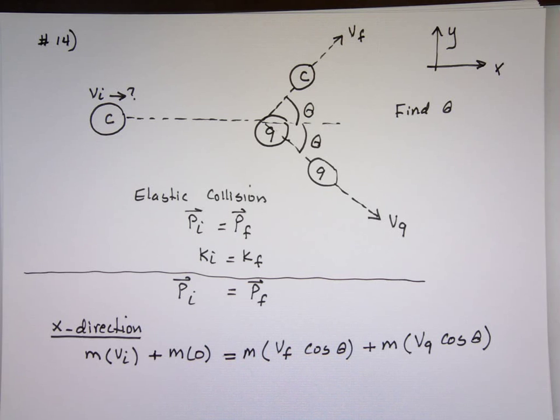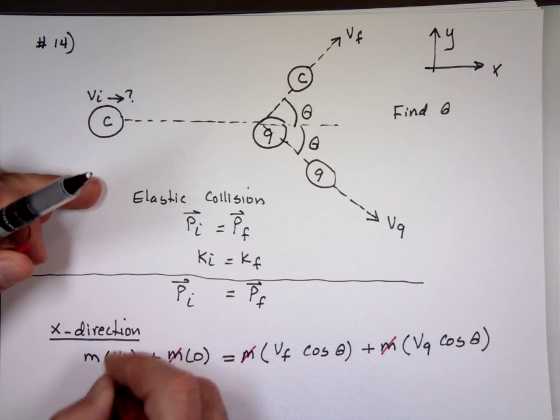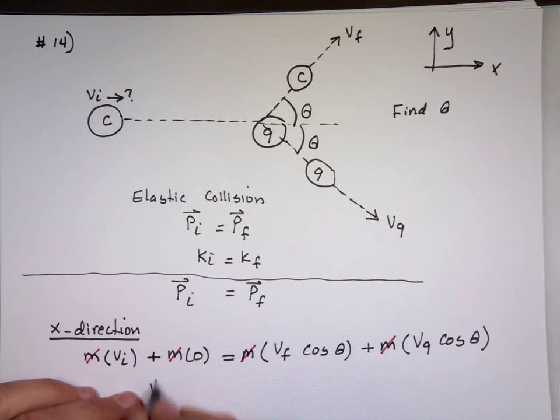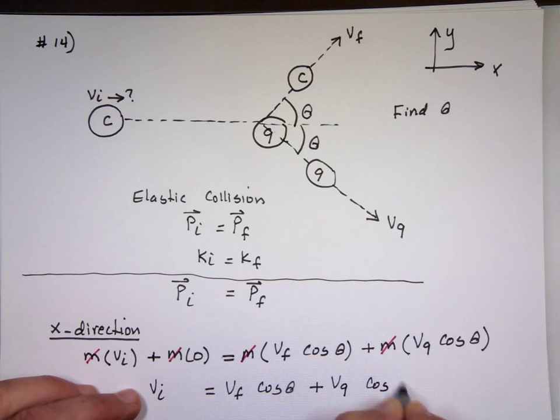Since every term has m in it, I can take the m out. So VI equals VF cosine theta plus V9 cosine theta, and that's my first equation.